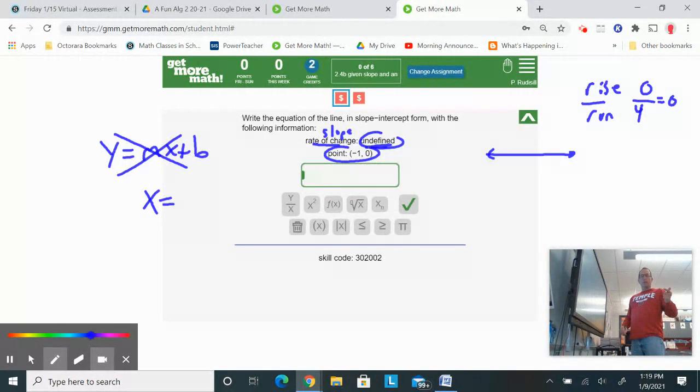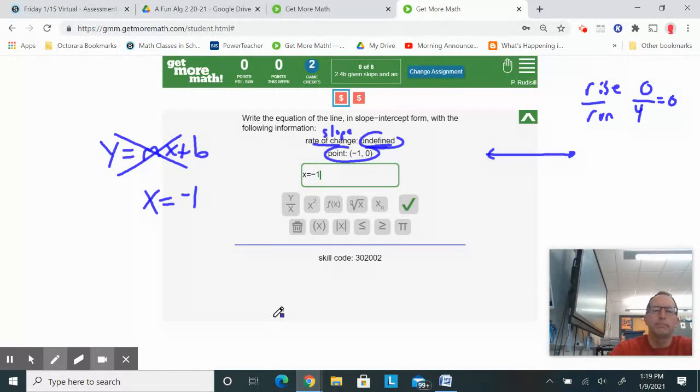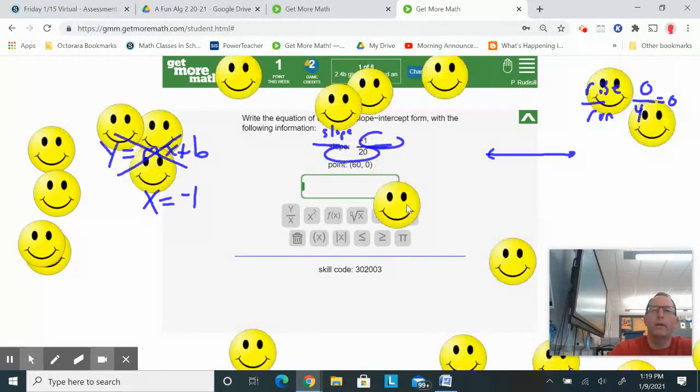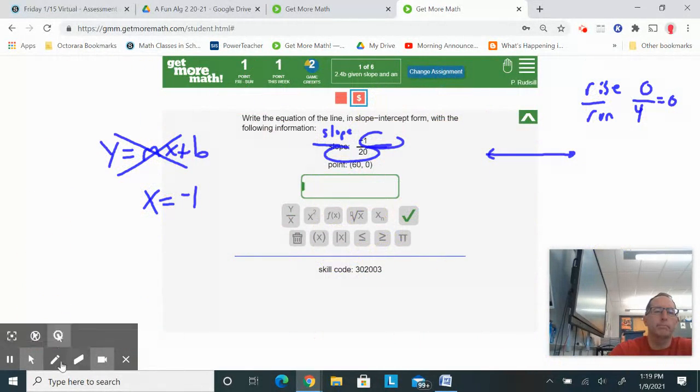One of the points on the line, x is -1, y is 0. So x equals -1 has to be the equation of that line. So let me type it in. Let's see, -1. Need to change to my pointer here, and we got it right.